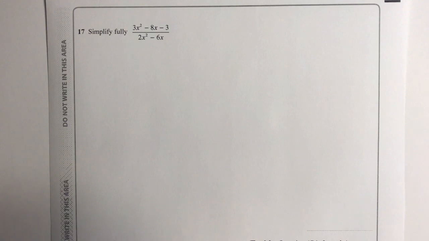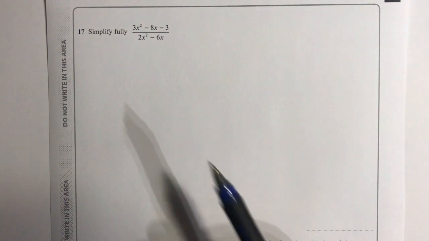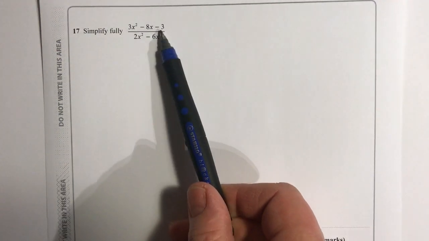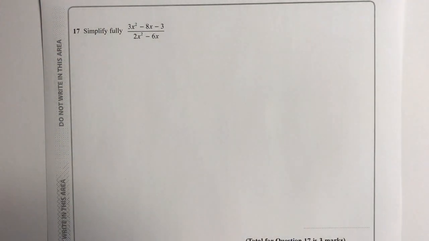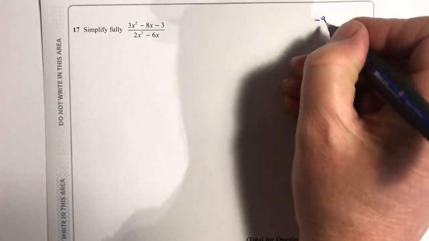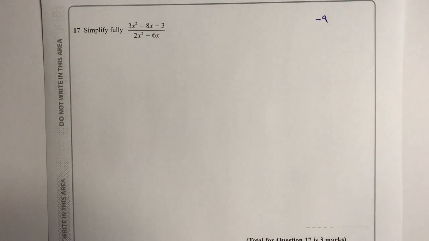What I would do is I need to factorise the top. So I usually say 3 times minus 3 is going to be minus 9. I need two factors that when I add them together are going to make minus 8.